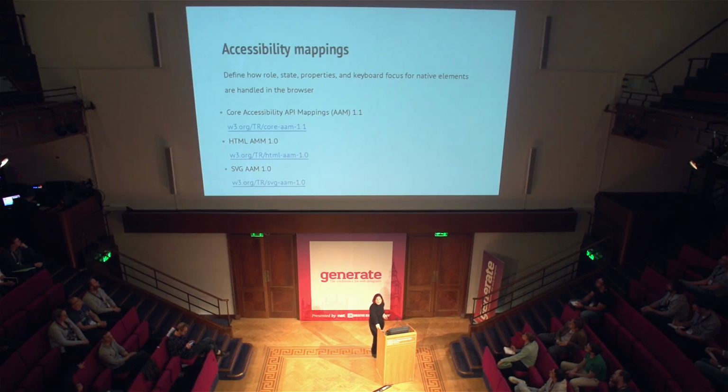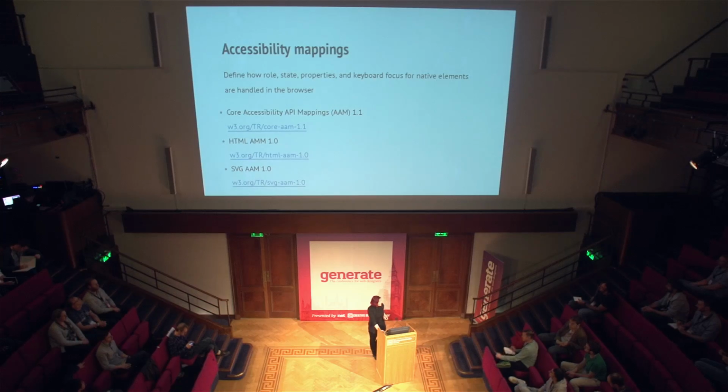If you're curious and you want to know how different HTML elements are interpreted in this way, the HTML accessibility API mappings document from the W3C is the place to go. It'll tell you for every single HTML element and attribute how it's represented to the platform accessibility API. So you can discover a lot of what screen readers in particular will pick up when you write HTML code.